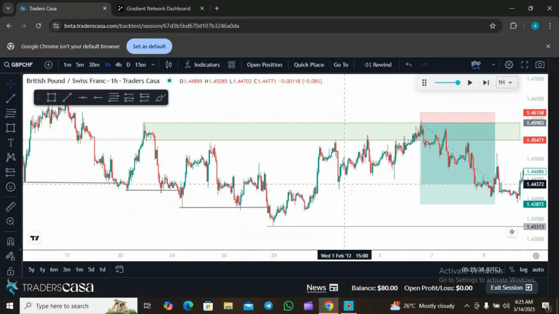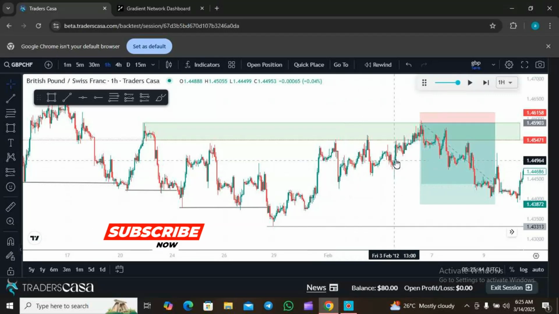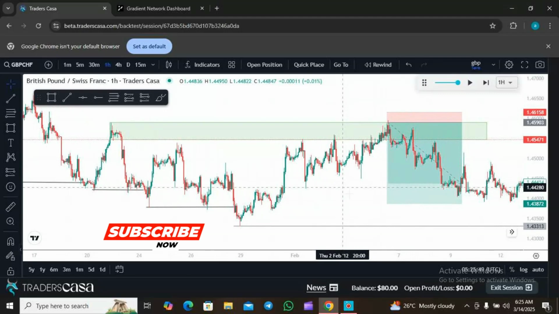So what am I saying here? This type of setup has to occur in a very high probability trade, in an A+ setup, for it to give you what you want.